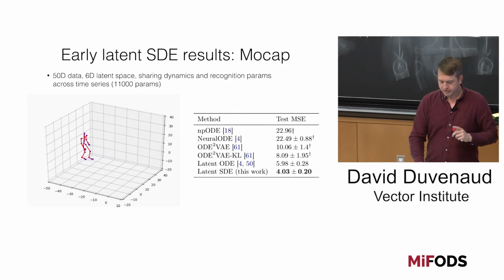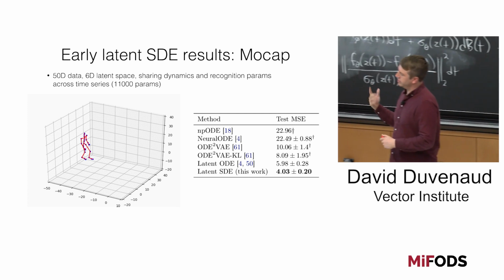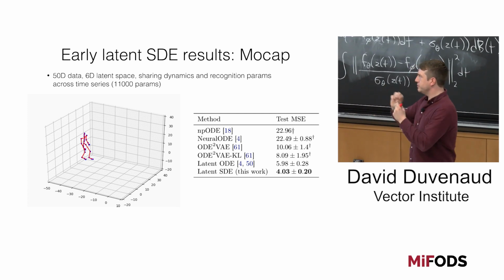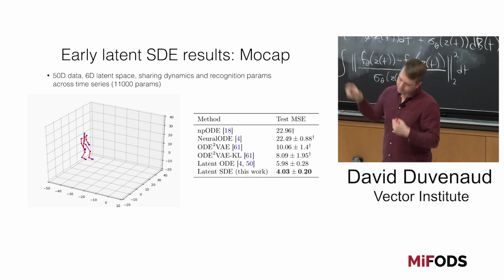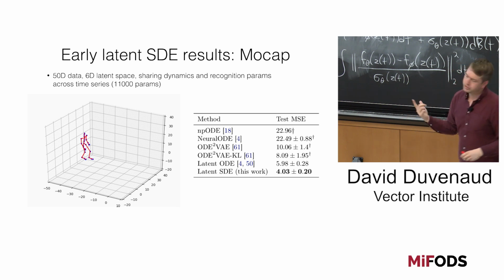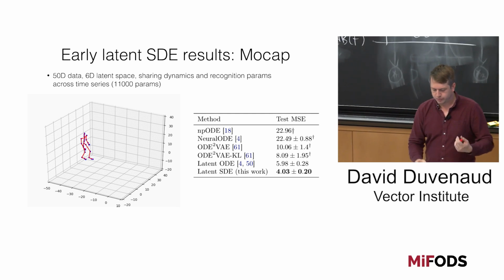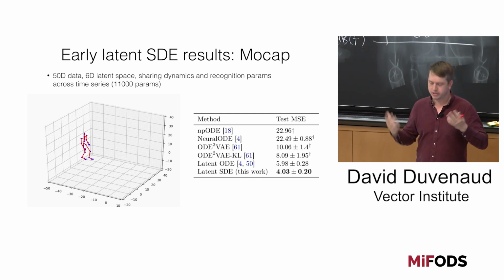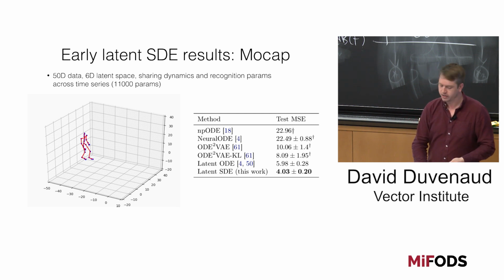But I promised scalability. So here's us fitting a neural SDE to a series of trajectories of motion capture data, 50-dimensional. So the data is the location of all these little points on someone's body through time. 6-dimensional latent space. We fit neural networks with 11,000 parameters to this, and it beat all these other continuous time models on this set.